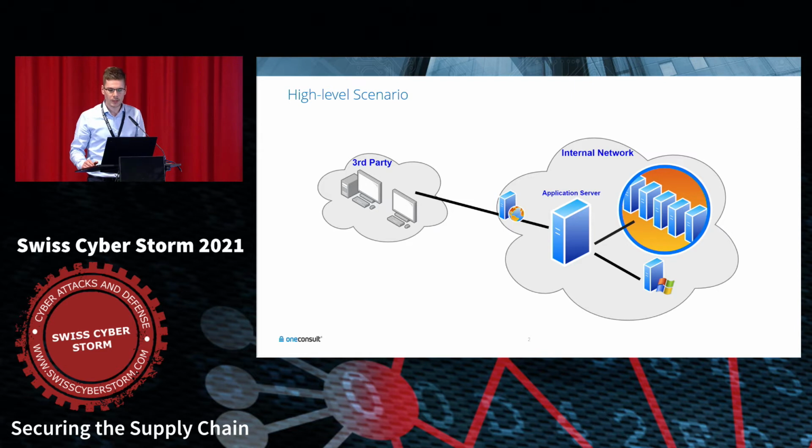The third party has access to this server because it needs to configure, install, update this service running on this application server. For accessing it, he might use Citrix, VPN, or a similar tool to access the server.